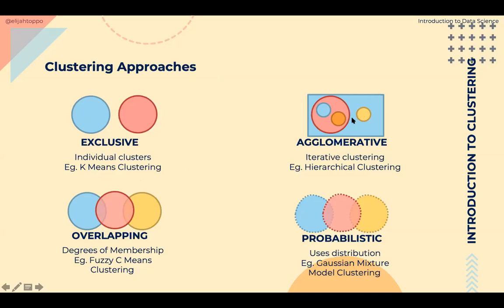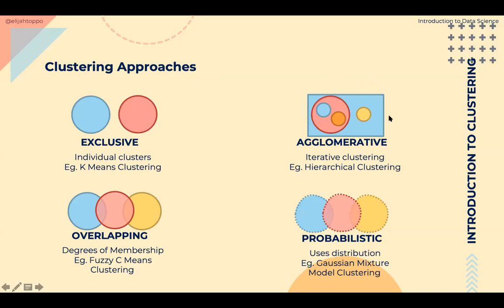Similarly, we see in agglomerative clustering, the scenario is something else. We see that multiple hierarchies of clustering exist. So if you are at the lowest hierarchy, you may be probably unique, but all data points ultimately belong to one group.